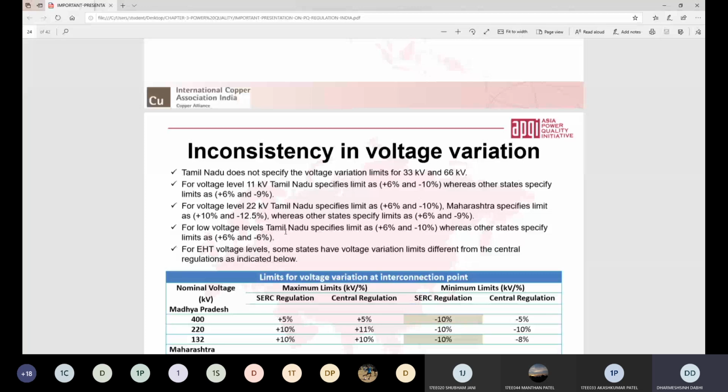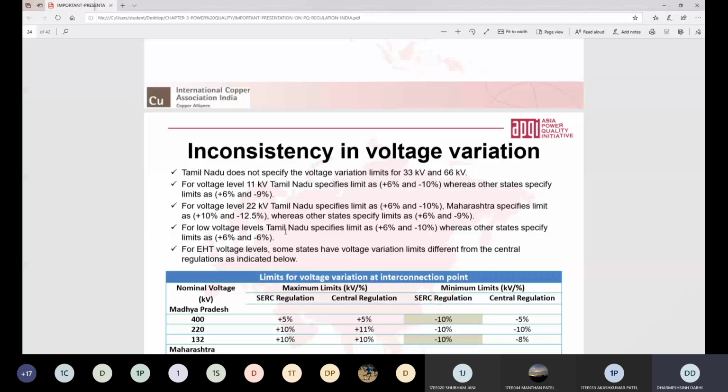For example, Tamil Nadu does not specify the voltage variation limit for 33 kV and 66 kV. As you know, in voltage variation there is a particular limit of voltage variation allowed for different voltage ratings. But Tamil Nadu has not specified any voltage variation limit. Its State Electricity Regulatory Commission has not decided the standards for this voltage level.